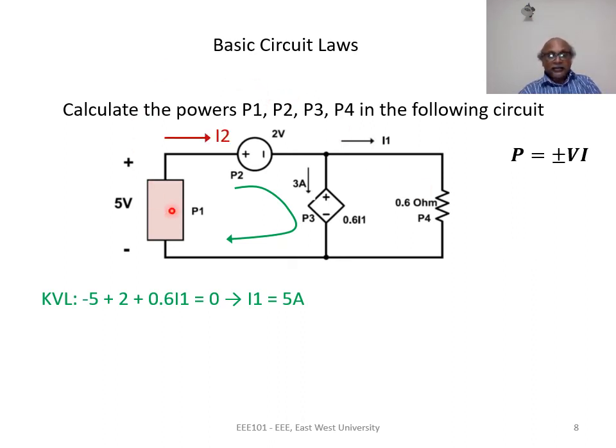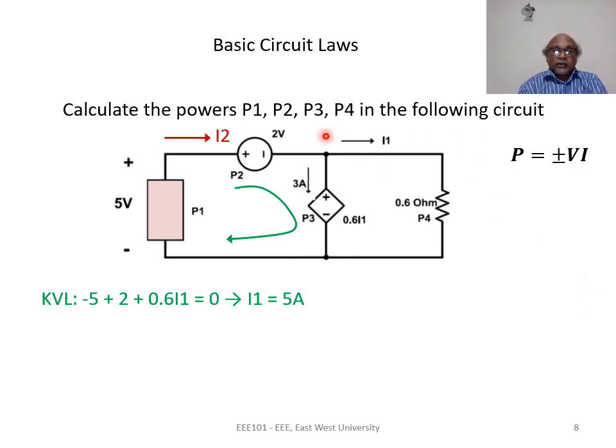So we assign the current I2, and when assigning, we have given it a name and we have also given it a direction. Without the name and the direction, the current specification would have been incomplete. And that we have chosen the current from left to right, this is just our choice. We are free to choose the direction of the current.